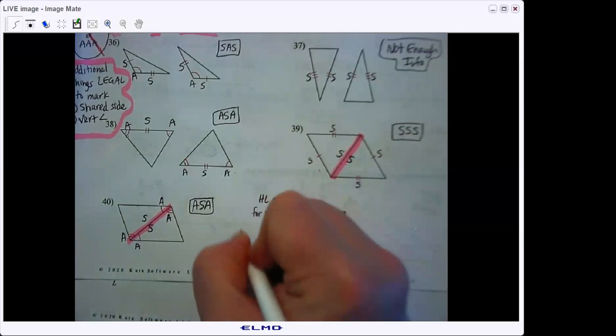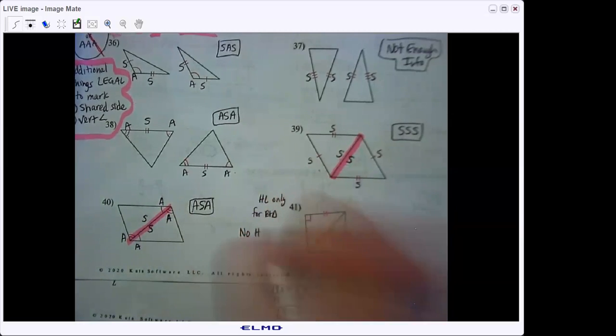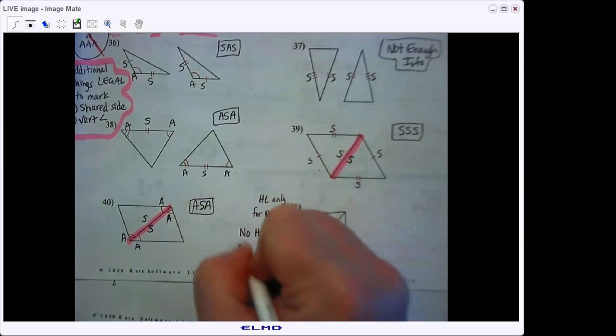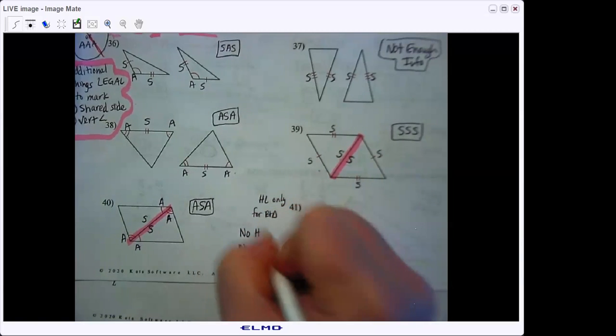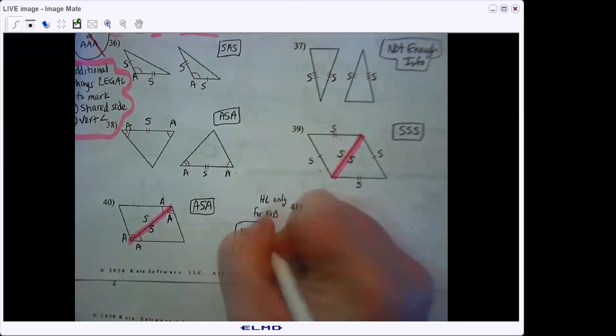I would say probably a good 75, 80% of the time it will be HL. But if you remember, if you don't have an H, then no HL. Obviously, because it has to have an H in it for it to be an HL. Well, you only have an H when you have a right triangle.